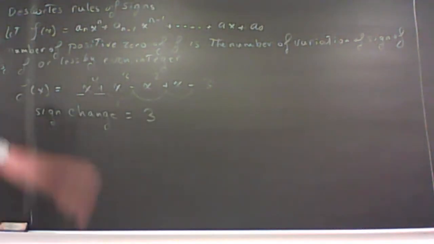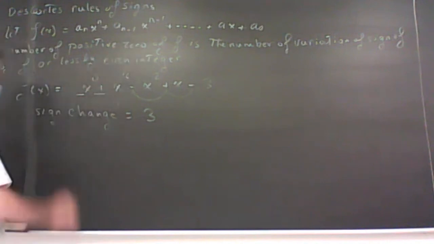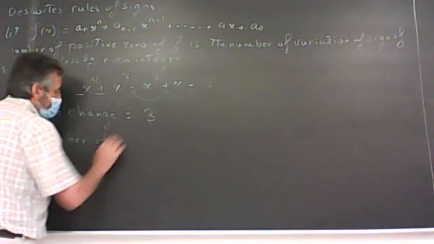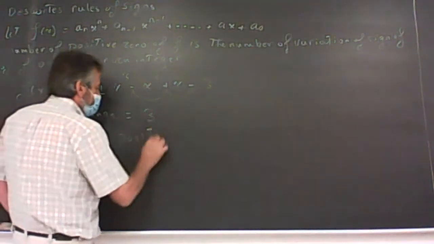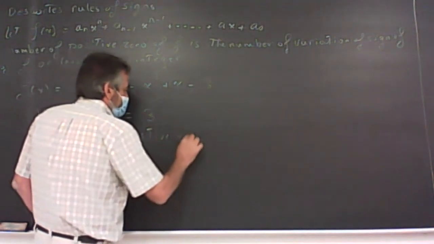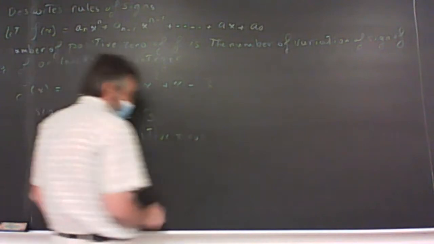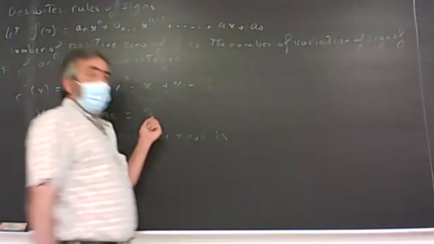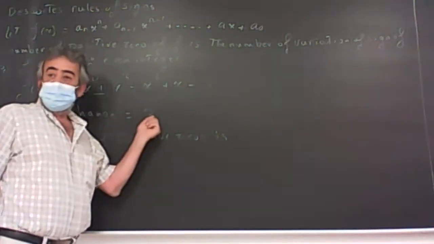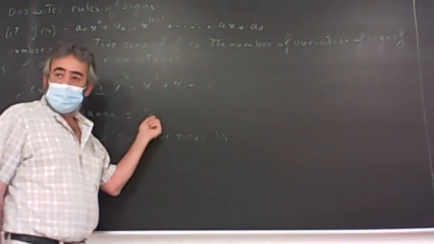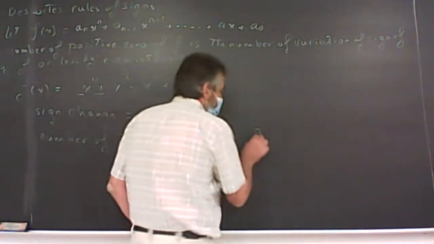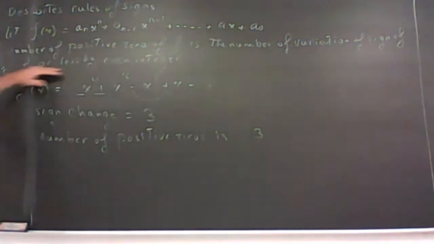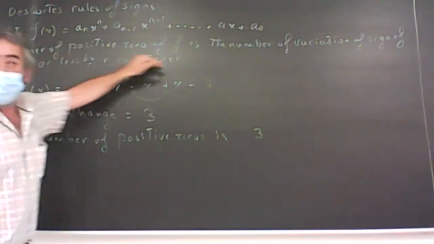So what does that mean? That means the number of positive zeros is at most 3. At most how many? 3. Or, well, less by an even integer.